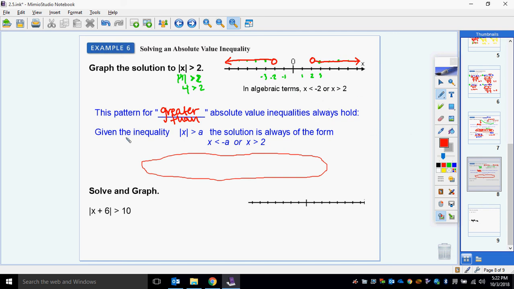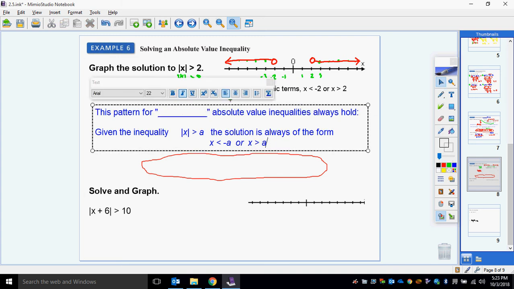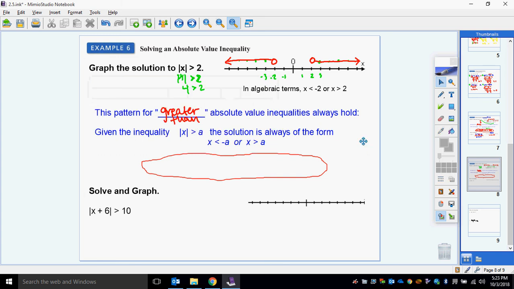Okay? Given the inequality, the absolute value of x is greater than a, you can always form an OR inequality. So the first part of your OR is the x, or whatever's in your absolute value, is less than negative a, so the negative version of a, or x is greater than a, the positive version of a.